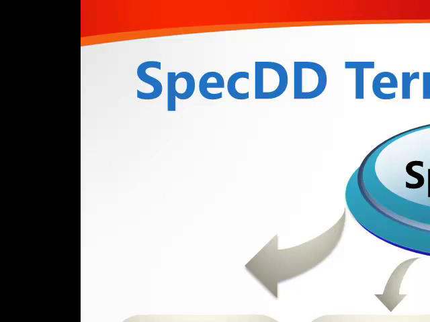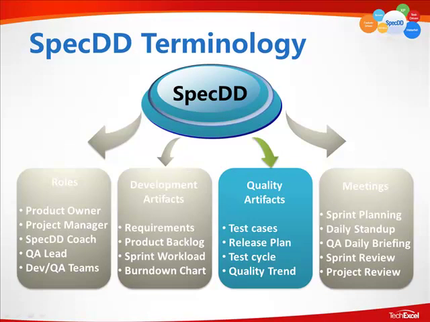Now, quality trend might be the only one that's a little bit confusing, and we'll cover this later in the session as well. But simply, the trends that are usually used to compare quality, meaning how many defects have been opened, have been closed. You know, the trend over a specific testing cycle.